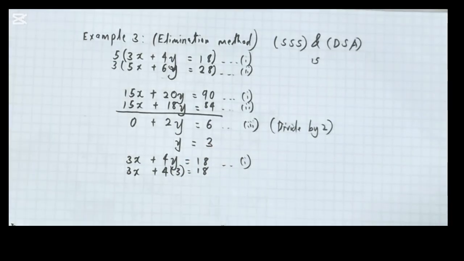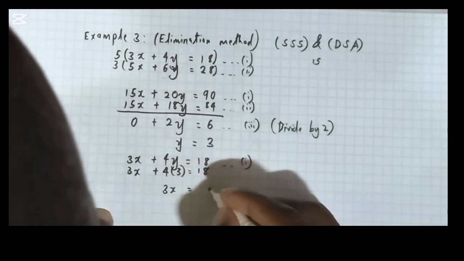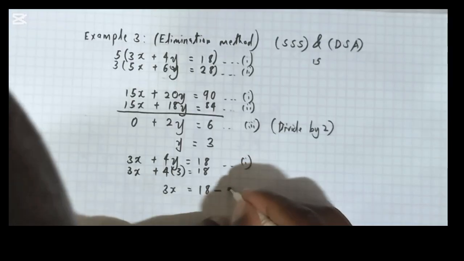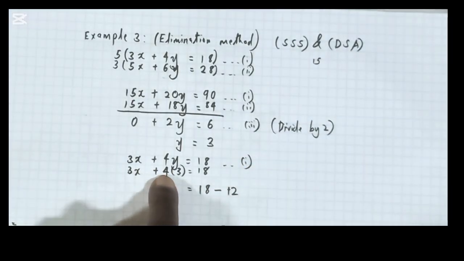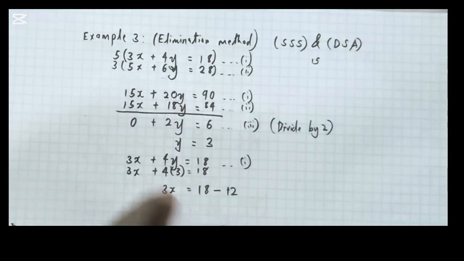So 3x will be equal to 18 minus 12, because 4 times 3 is 12, and when you take the 12 to the other side, because it was positive, it becomes negative.